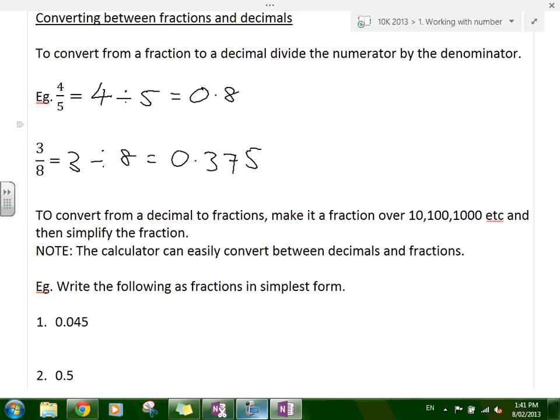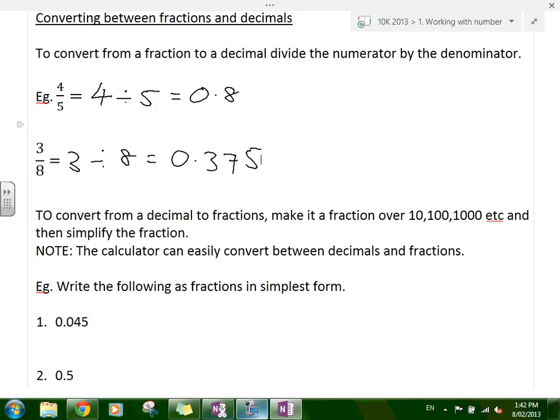So that's what I mean when you say you make it a fraction over 10 if it's in the tenths column, or over 100 if it's that many hundredths, or that many thousandths, etc. And then you simplify the fraction. So once you put it over 100 or over 1,000 or whatever, then you simplify it and you make it the simplest form. And obviously, a calculator can help you do it very quickly. Right, but you should know how to do it without a calculator.